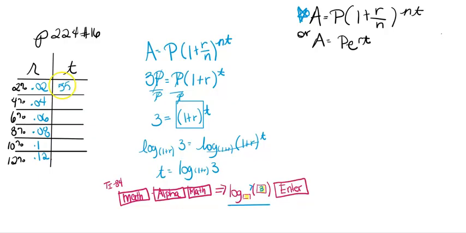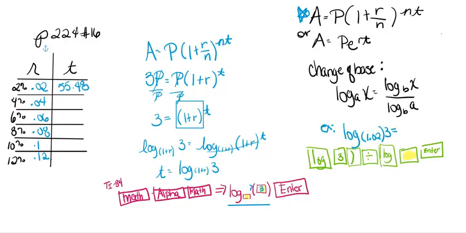It's 55.48. Okay? And so you go ahead and do that for 4%, 6%, 8%, and 10%, and then compare your answers. While you're doing that, I'm going to explain what to do on the TI-83.